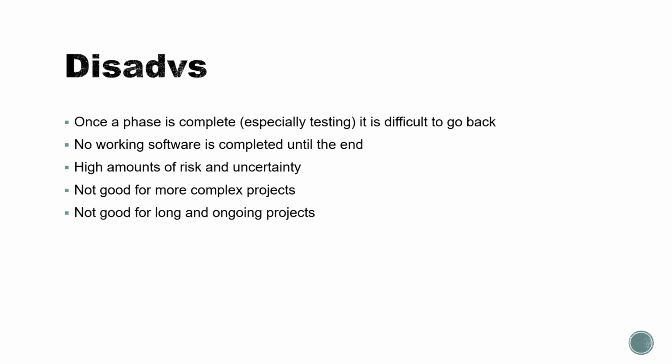So therefore you don't know exactly what's going to happen, and you can't necessarily change it. What has been set in motion is what has been set in motion. And those last two points intertwine, really, so it's not good for longer and more complex projects, which may require more flexibility, more ability to go back and change stuff if people aren't happy with it, and so on.